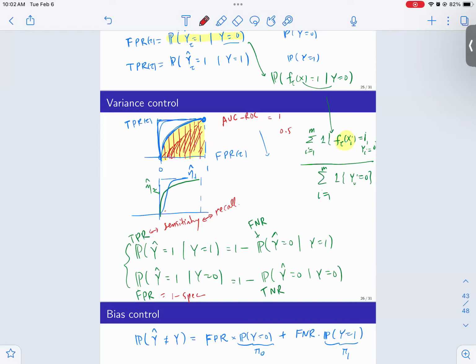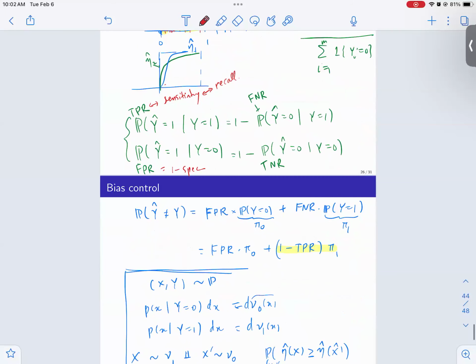There's another concept which is called precision, and then there's a precision-recall curve. So you plot this against not the specificity or FPR, but against precision. So what is precision? Precision is basically this probability flipped. Instead of calculating the probability of y hat equal 1 given y equal 1, you calculate the probability of y equal 1 given y hat equal 1.